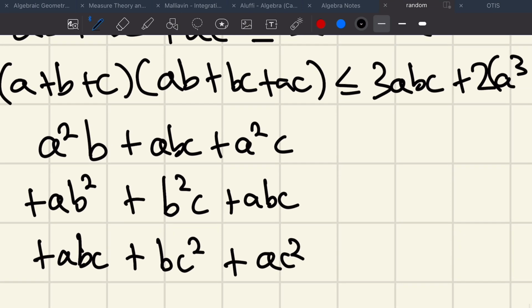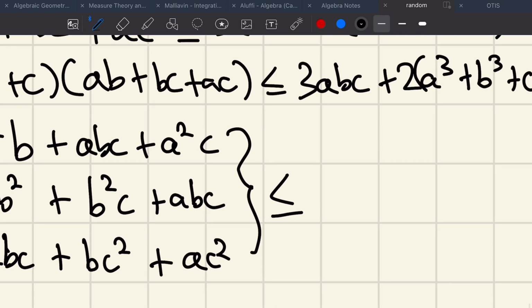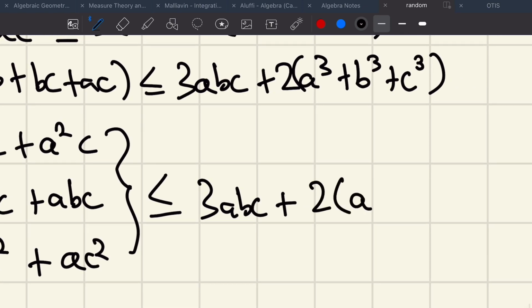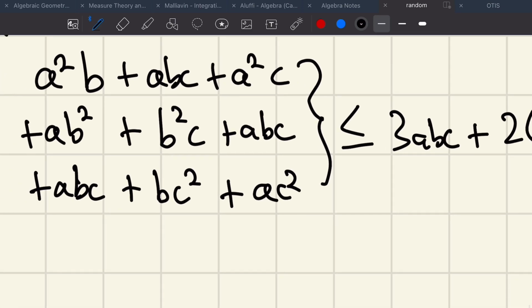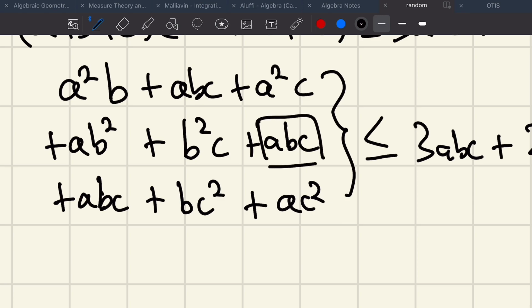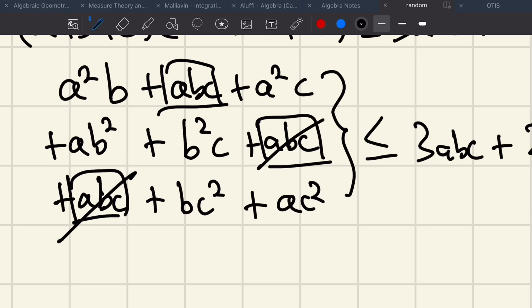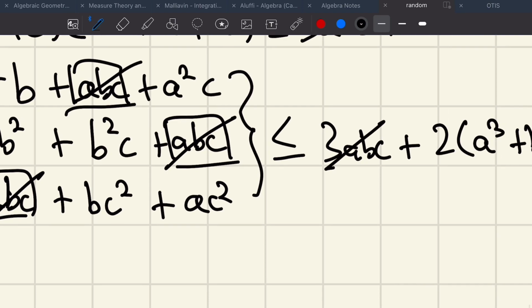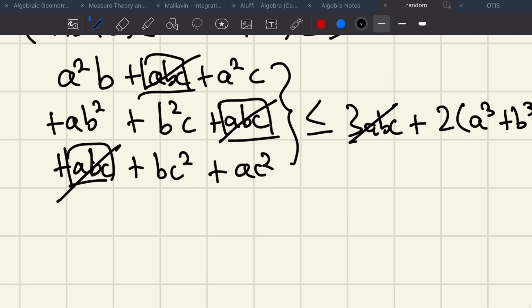So we see that this whole thing should be less than 3ABC plus 2 times A cubed plus B cubed plus C cubed. Notice that we have 3 ABCs here, which means that we may just cancel these with this 3ABC on the other side.